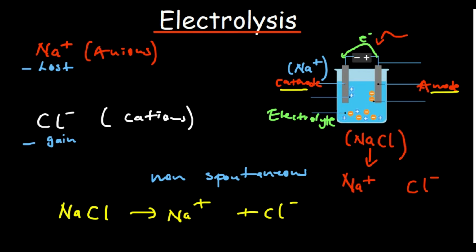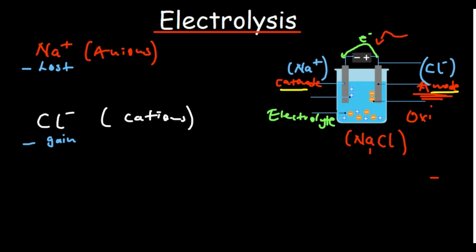On the anode, we've got the negatively charged ions. Why is this so? The negatively charged ions in this cell are going to donate electrons to the anode, and that is oxidation. I can even show the actual reaction that occurs.